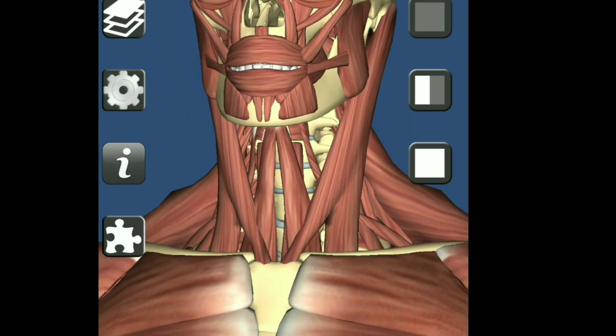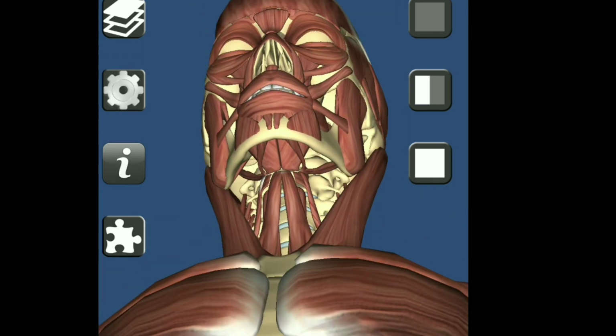With a quick review I'm going to revise all the triangles. We discussed anterior and posterior triangle. Under anterior triangle we discussed the submandibular triangle, submental triangle, muscular triangle, and the carotid triangle.